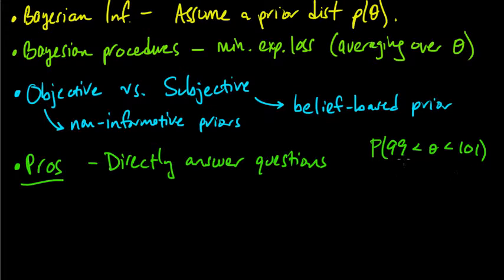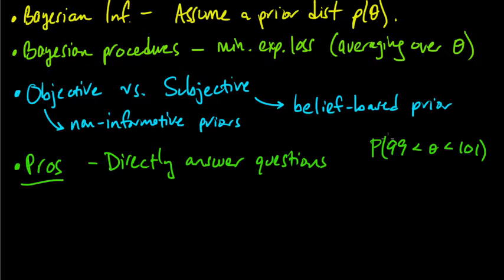And you can't answer this question unless you assume a prior distribution, because otherwise this statement is meaningless, right? If theta is a fixed true value, then either it's between 99 and 101 or it's not. So the probability would be 0 or 1.